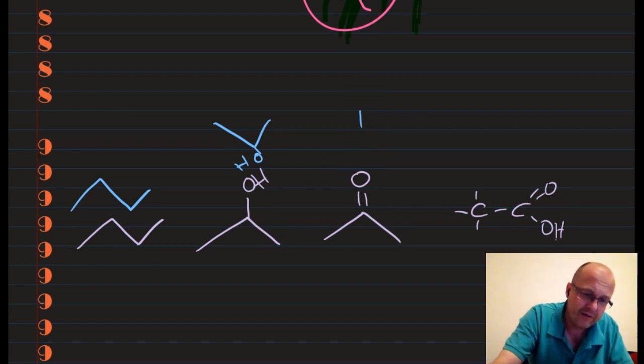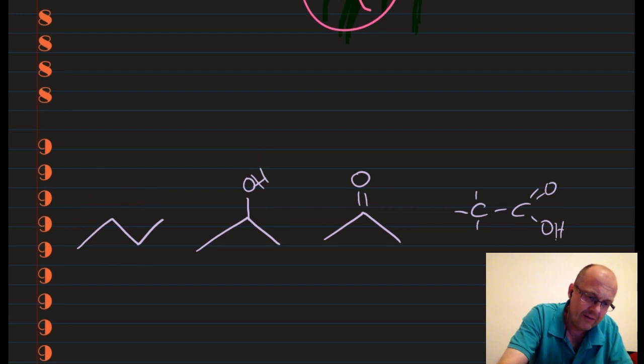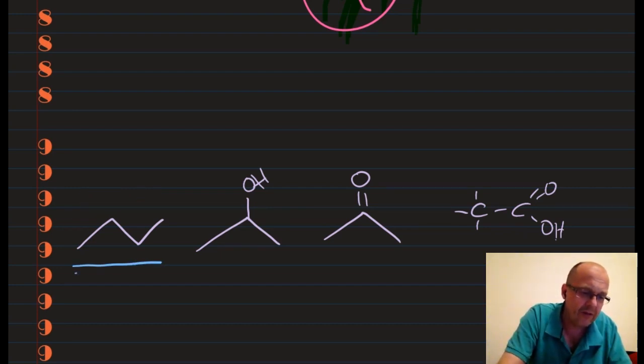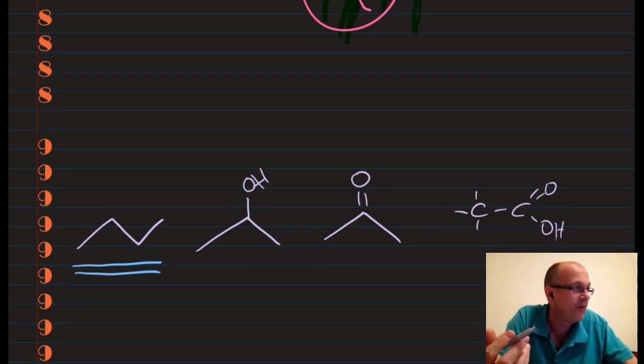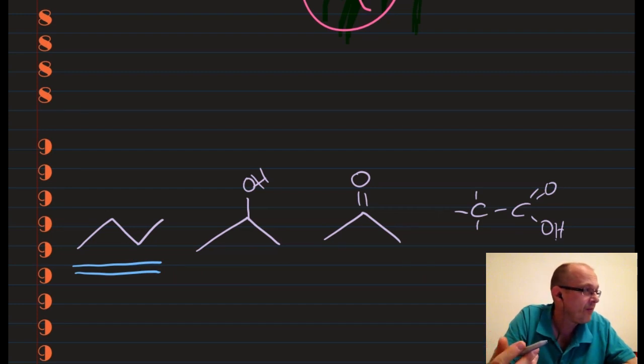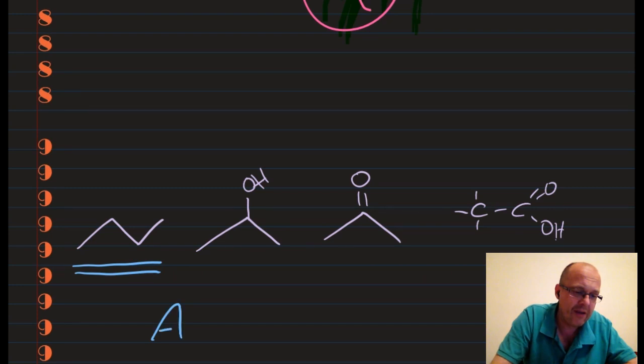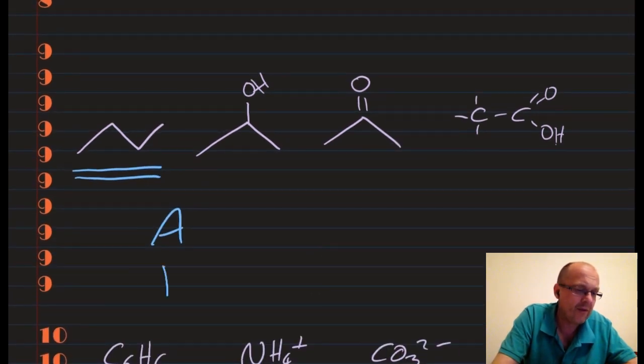Alrighty, so let's have a look. Is it easy? So this is the weakest one. That's just London dispersion forces. It has no dipole. That's butane. And it has no hydrogen bonds. So that's the weakest one. Is that enough? Well, that just narrows us down to A or B as the weakest one.